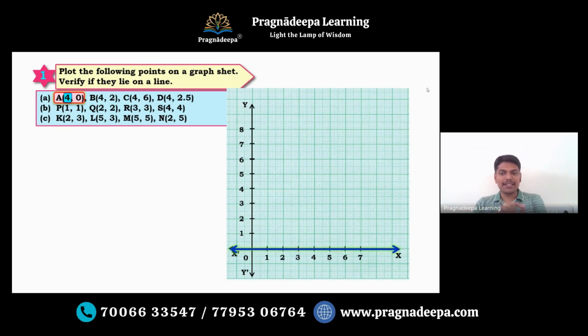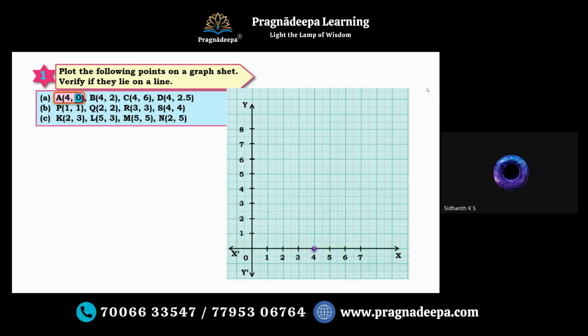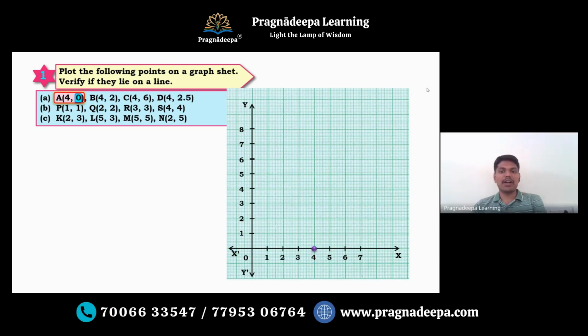So on the x-axis, I have to go 4 units. And from there, towards the y-axis, I have to go 0. Means should I stand there itself? Yes, sir. It should be there only. The point name is A. You have to write it like A of 4 comma 0.